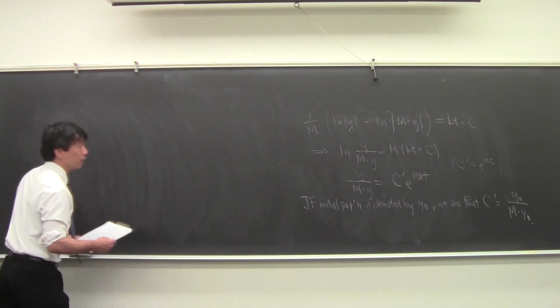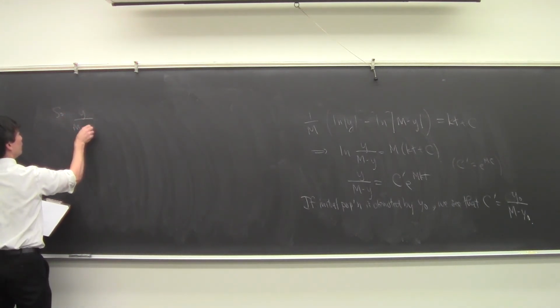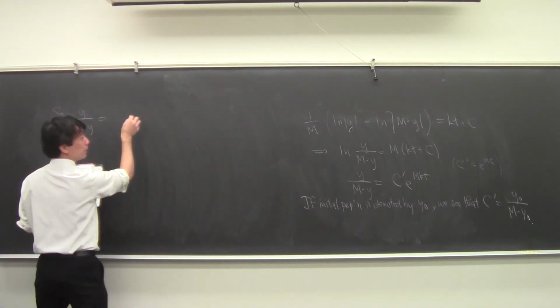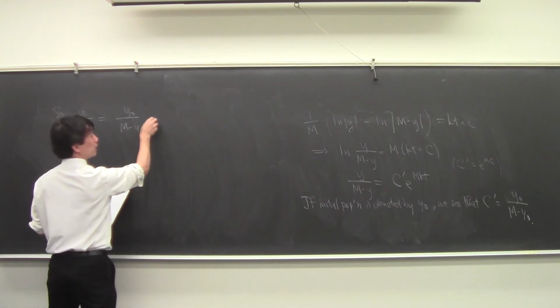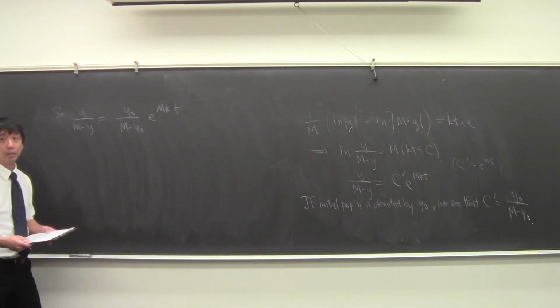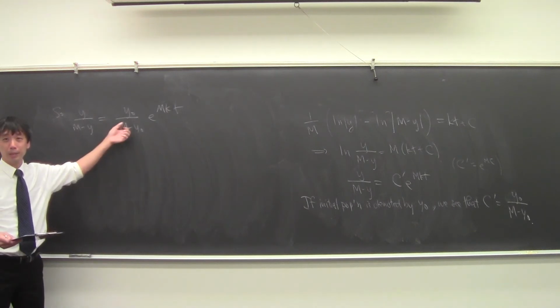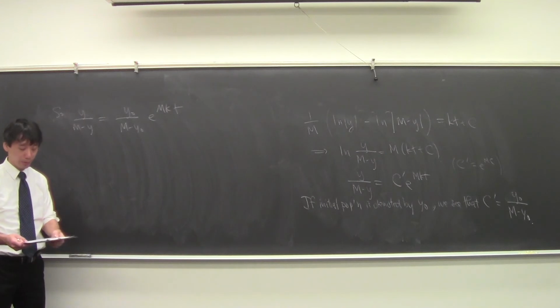So then we have y over n minus y equals c prime times e to the mkt. We just specified what c prime was.